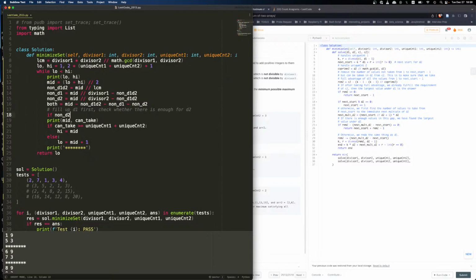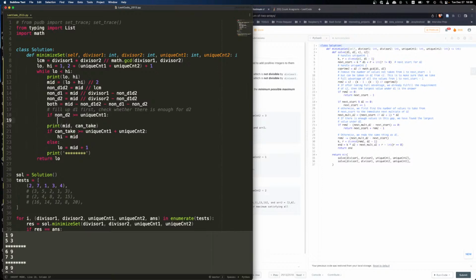If none d2 is larger or equal to unique count 1, then we can have both plus none d1, right? All of this can be suitable for d2.